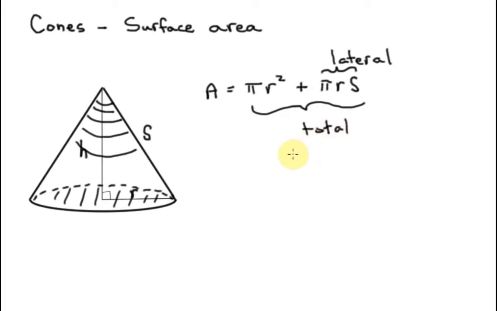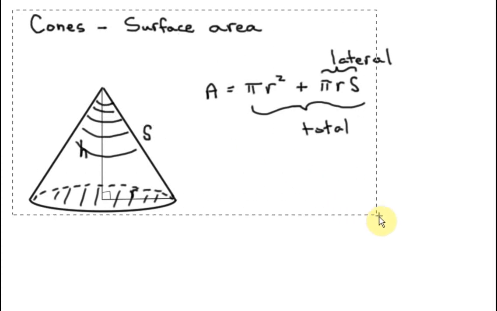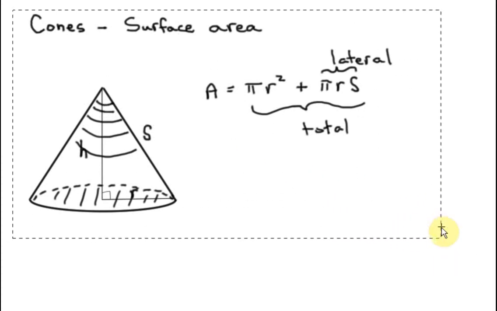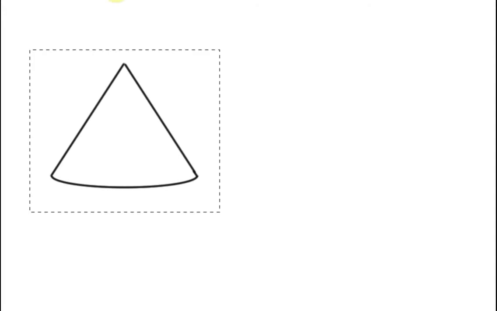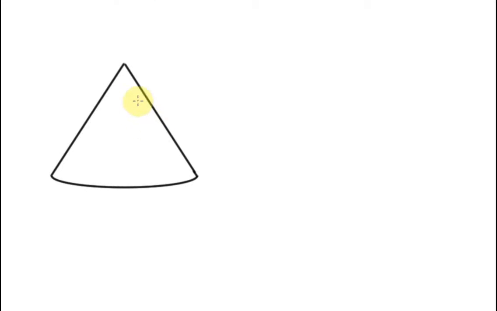And now we're going to go ahead and do an example. So I'm going to clear this off, give myself a little bit more room to work with, and do an actual numerical example. Alright, so there's a cone, and I think we're going to put in some lines here.